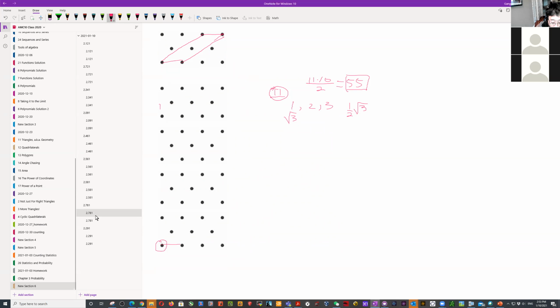For example, this is a length 1. This is a length 2, length 3, length 1. This is square root of 3. And this one you can also calculate. It's not difficult. This is 2.5 and this is 2.5 on the bottom, and this side is 1/2 square root of 3.